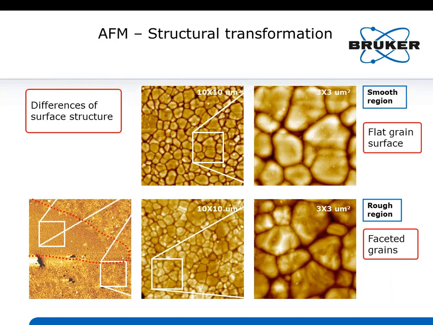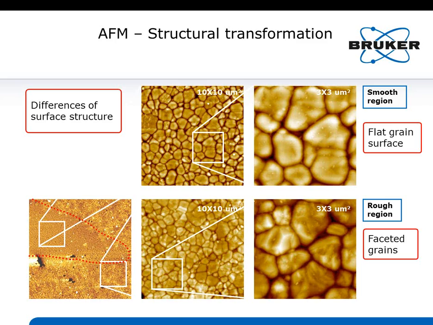We can go even further. We can look at the fine structure on some of these grains, as shown in the slide here. So we start on the top left with our original 10 by 10 micrometer image, and then we zoom into about a 3 by 3, and we see that on the top for the smooth and at the bottom for the rough areas, and we can also see that the grains look completely different.